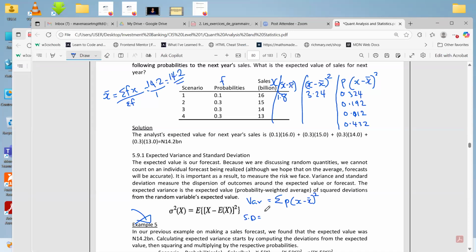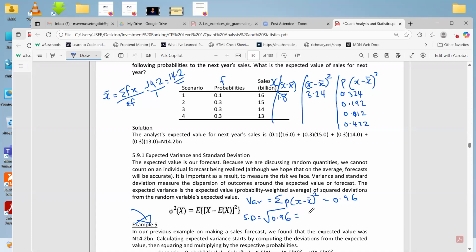The summation, the variance, is 0.96. That's the summation of what we just did. 0.96 is our variance. Then what is this standard deviation? 0.9797.